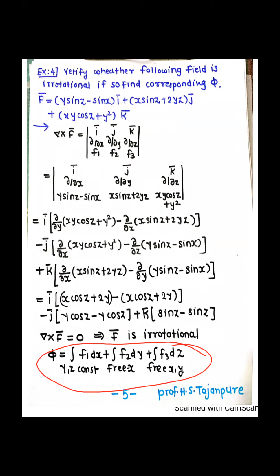F2 is free from x, so you will have to neglect x and z and take only 2yz and its integration with respect to y. F3, yes, Trupti has given the answer: xy sin z minus cos x, y square z plus c, correct? F3 is free from x and y, so neglect both the terms. Yes, please calculate the answer.